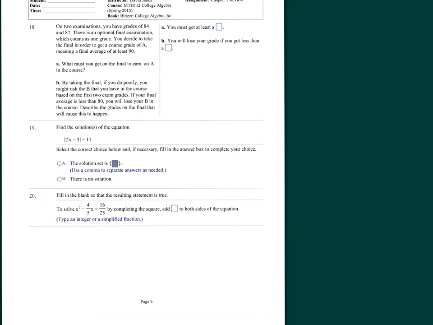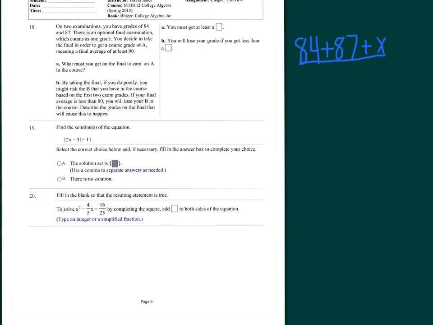So typically, when we're figuring out averages, we add the scores that we've got and then divide by the number of inputs. So we've got an 84 to start with, and then we're also adding an 87. If we were to stop there and figure out the average, we just divide by 2. But we are going to be adding a final grade, which we don't know what that is, so let's just call it x.